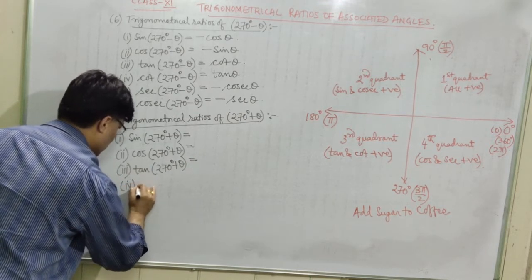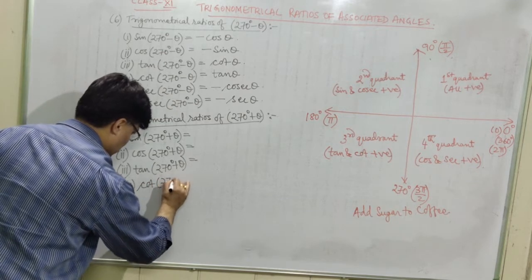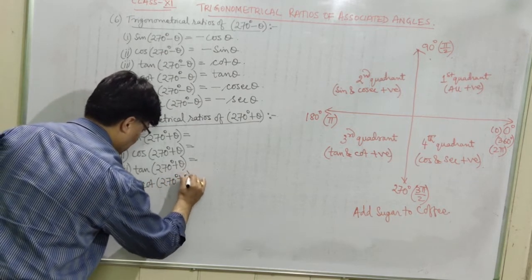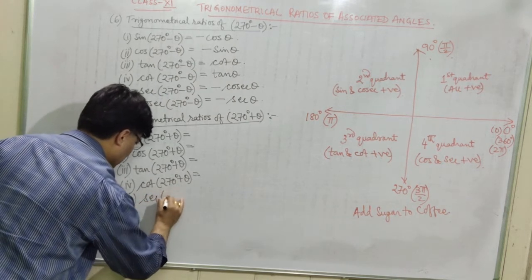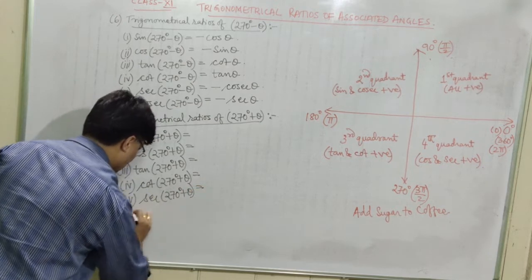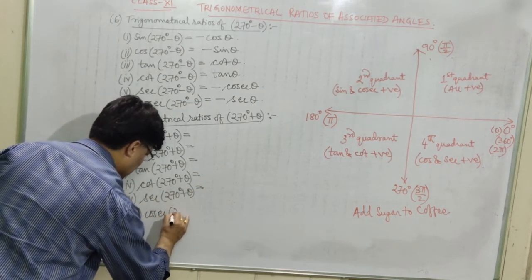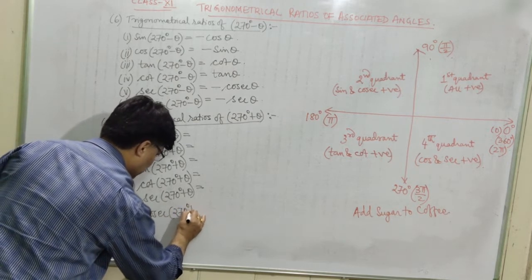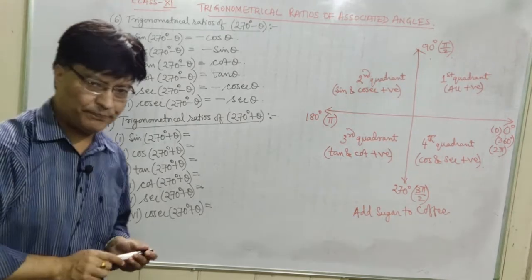Number 4, cot 270 plus theta. Number 5, sec 270 degree plus theta. Number 6, it is cosec 270 plus theta. So let us write down this formula now.